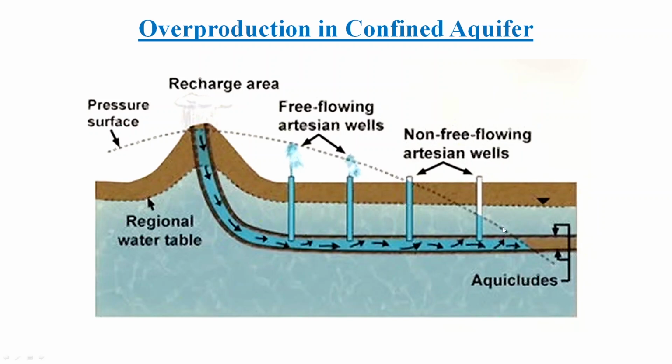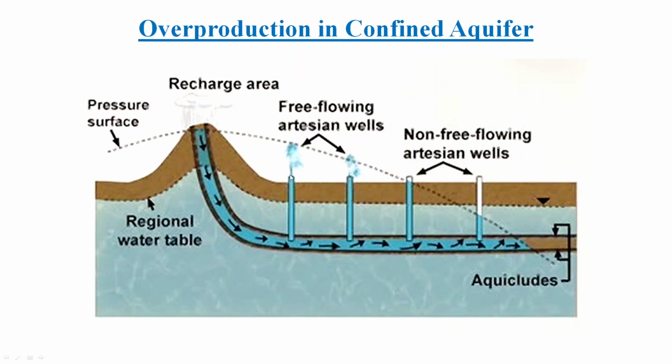Now if you have this confined aquifer, like the idea we discussed when we talked about confined aquifers and artesian wells related to them, you again have this pressure surface, or piezometric surface, that is like this. This ridge or hill is your main recharge area, from which water is recharged into the aquifer, and this is your regional water table.